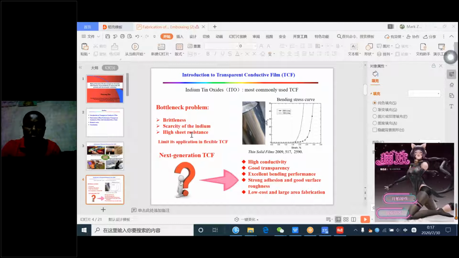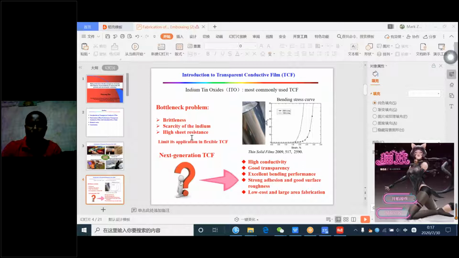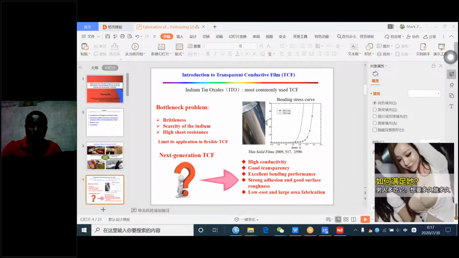All these disadvantages have limited its further applications in the TCF. As such, which material will be the next generation of TCF? In our personal opinion, the next generation TCF should have the properties of high conductivity, good transparency, excellent bending performance, strong adhesion and good surface roughness, low cost and large area fabrication.